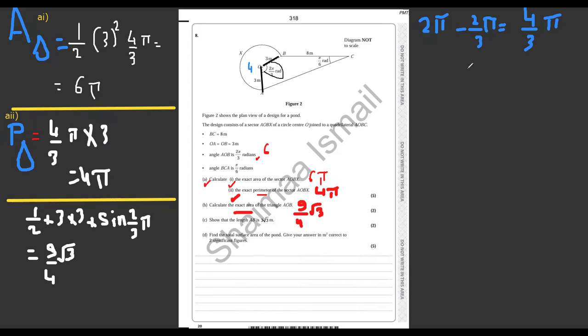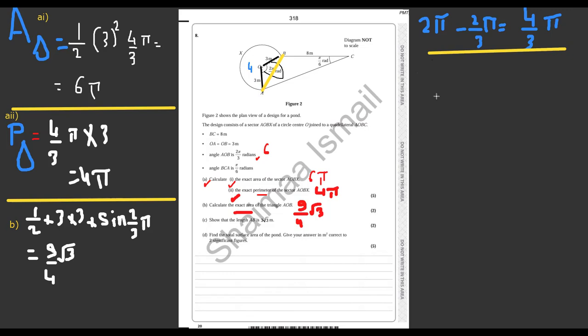Okay, let's move to part C. We're done with B. Let's go to C. And see here, he wants to show that the length of this AB equals 3 root 3.